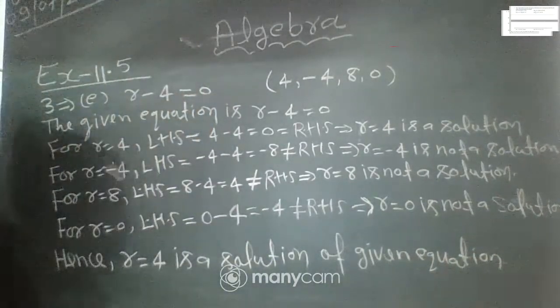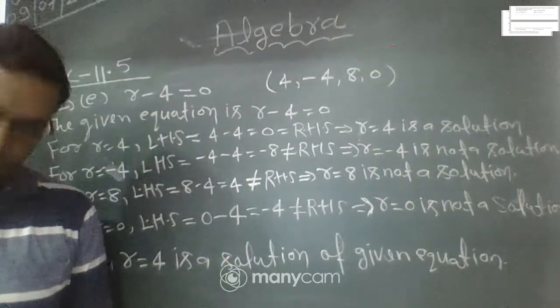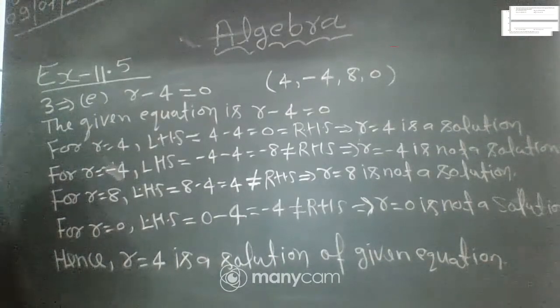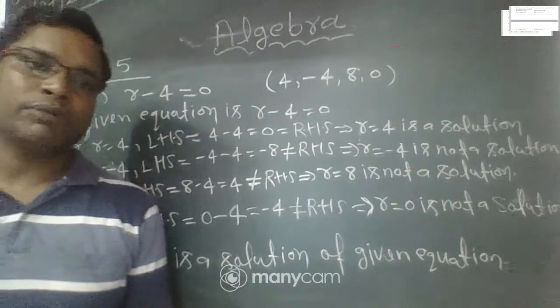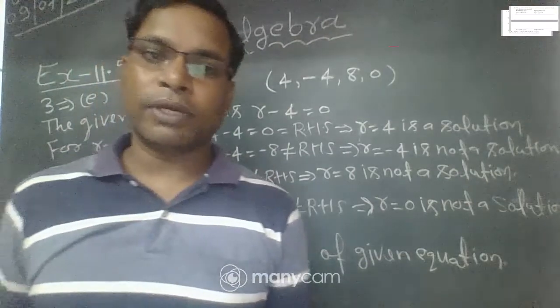Okay, so students, I hope all of you understood how to solve such type of problems. So we complete exercise 11.5. Question number 3 and question number 4 we will discuss tomorrow.